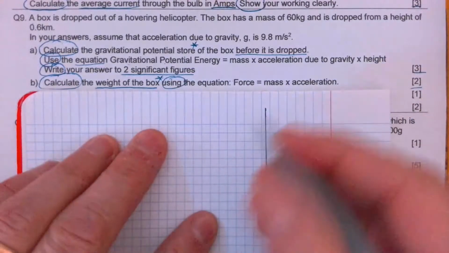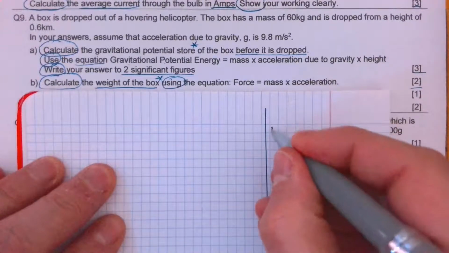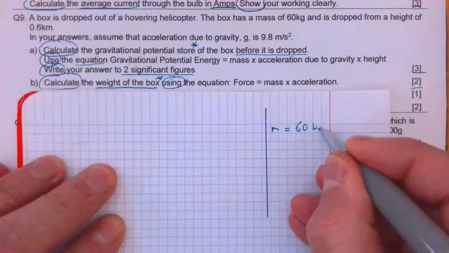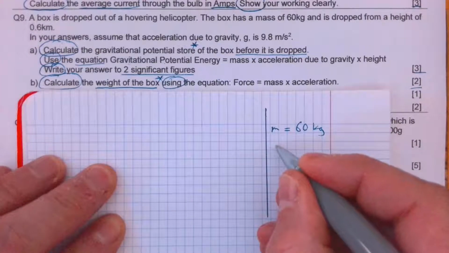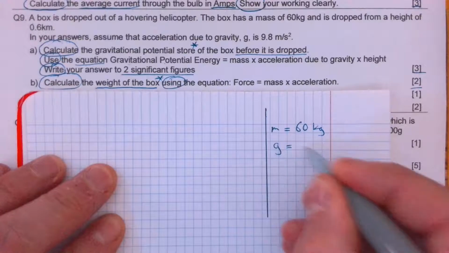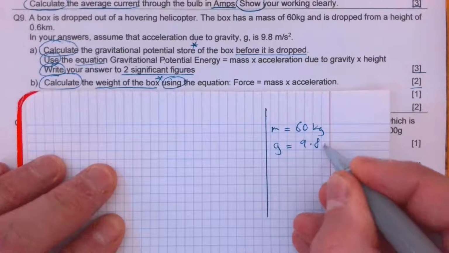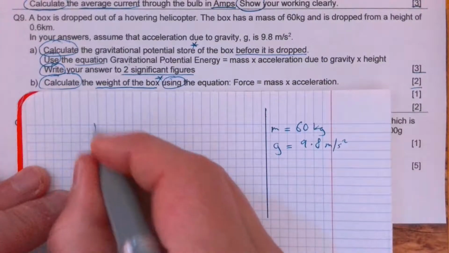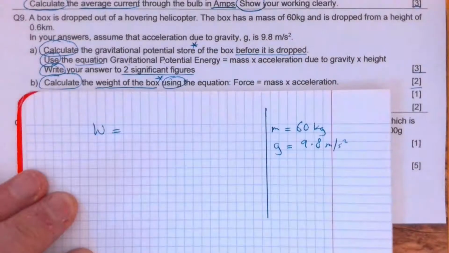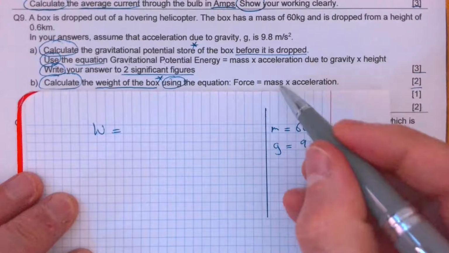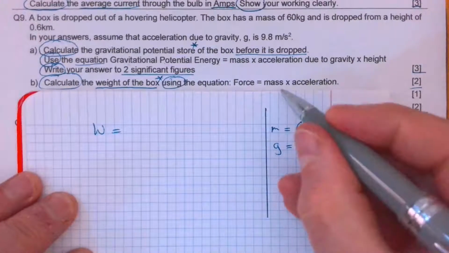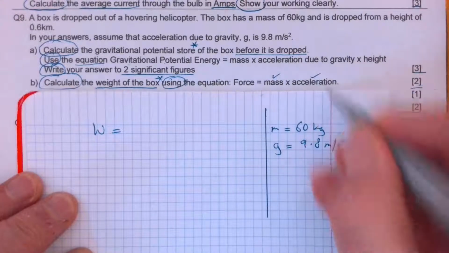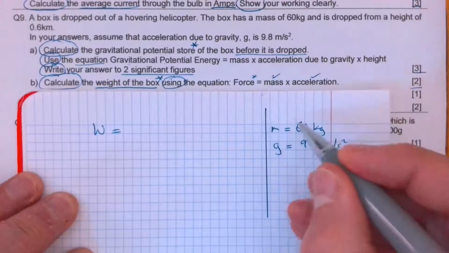The mass is equal to 60 kg. The acceleration in this case is the acceleration due to gravity. It's 9.8 meters per second squared. Those are my two values. The equation almost acts like a shopping list. To make force, I need mass and I need acceleration. And I know that it's force I'm looking for.